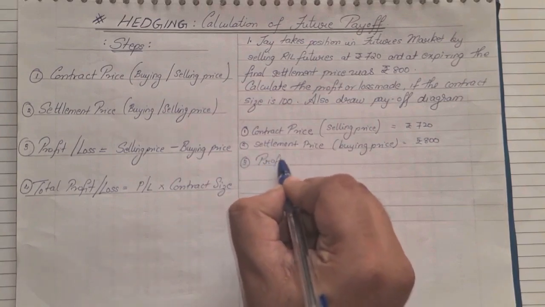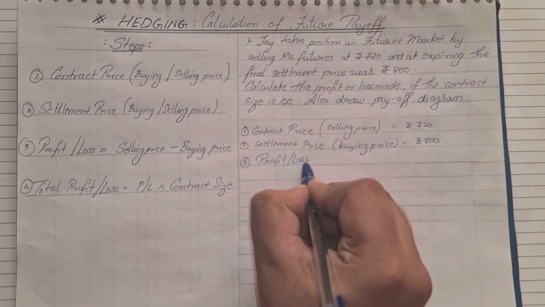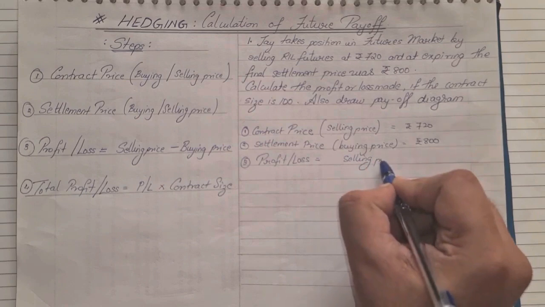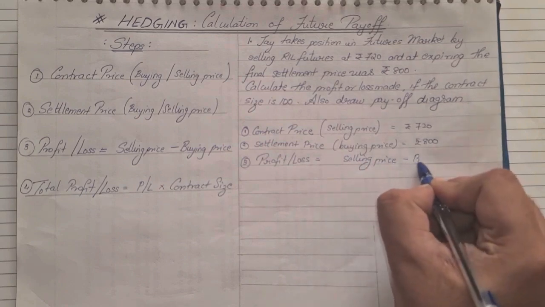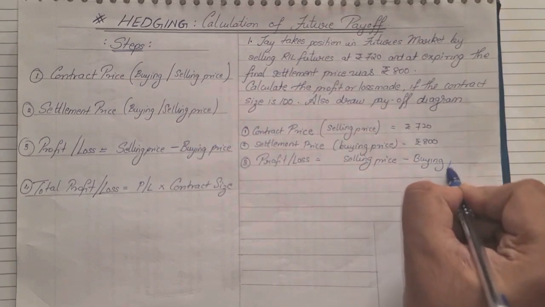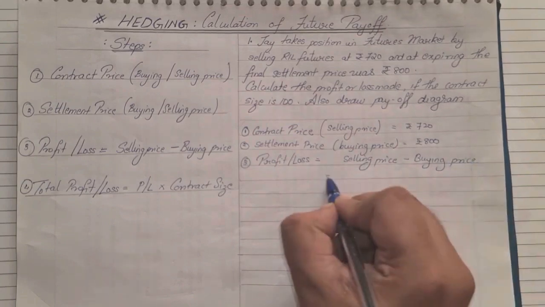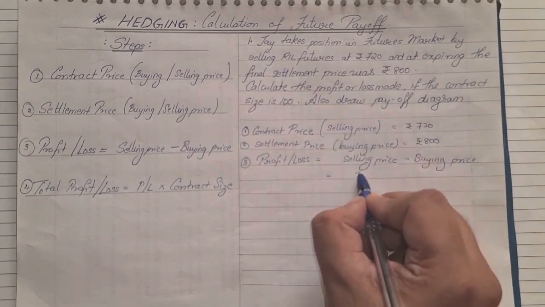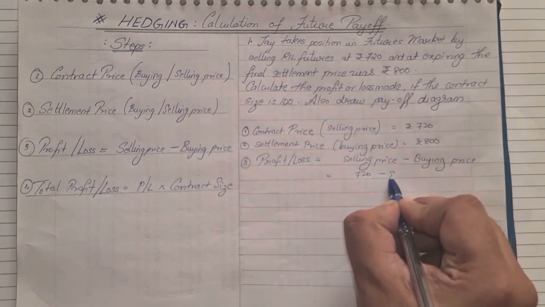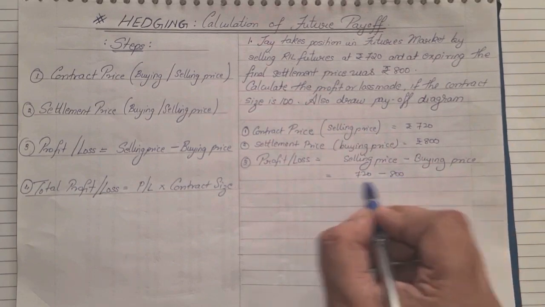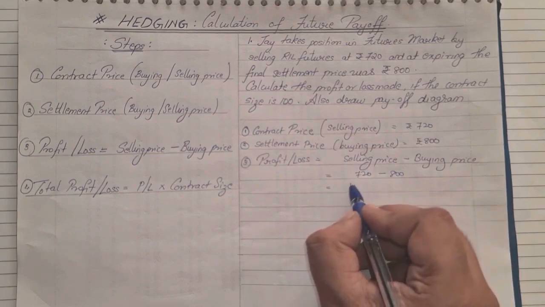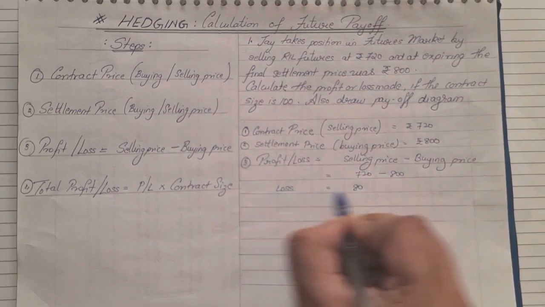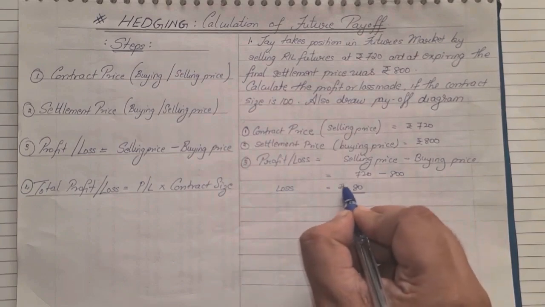So profit or loss is equal to selling price minus your buying price. My selling price was the contract price in this sum, so it is 720 minus 800, which gives you negative 80. So thereby we have incurred a loss of rupees 80.